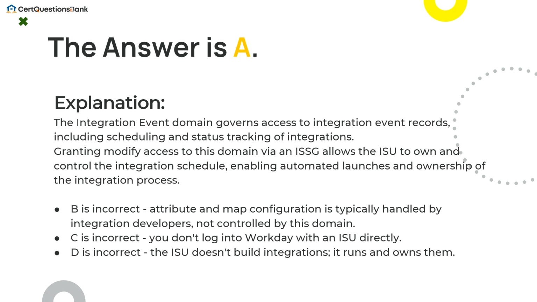B is incorrect. Attribute and map configuration is typically handled by integration developers, not controlled by this domain. C is incorrect. You don't log into Workday with an ISU directly. D is incorrect. The ISU doesn't build integrations, it runs and owns them.